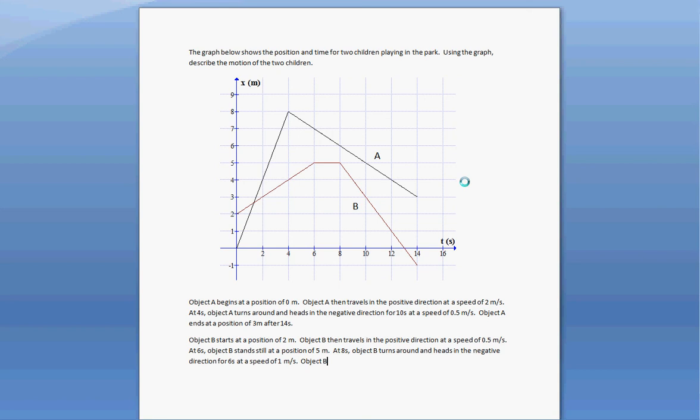Object B ends at a position, final position is right here, which is -1 meters, after 14 seconds. And we're just going to add a little thing here about what's happening right at this point here.